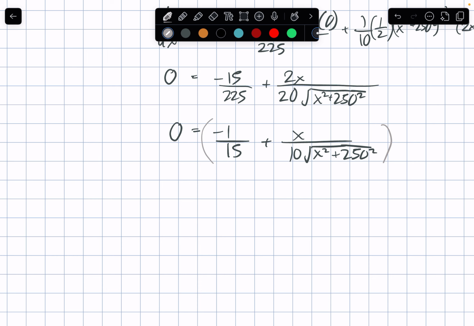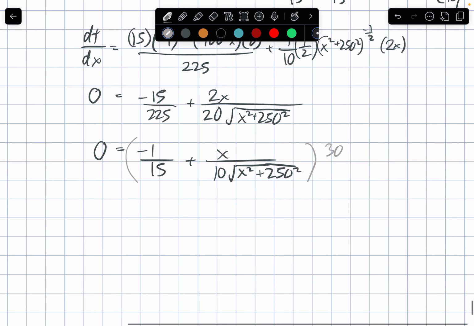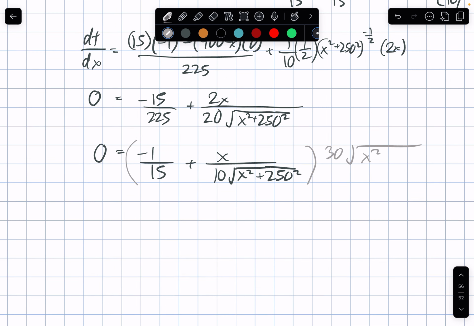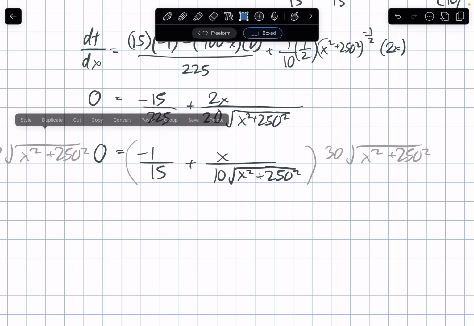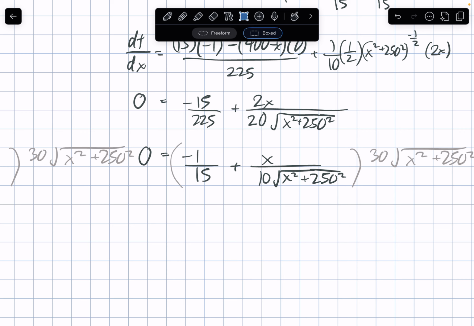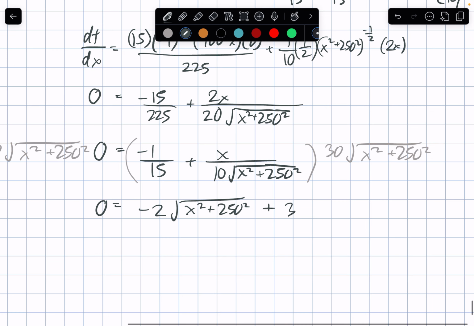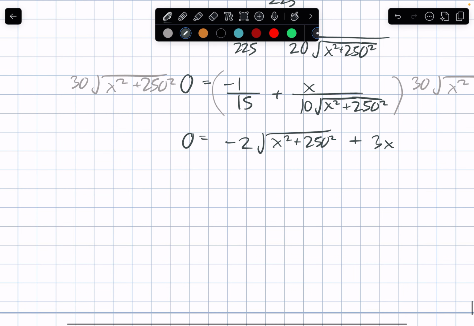Then multiply both sides by 30 square root of x squared plus 250 squared. So 0 is equal to negative 2 square root of x squared plus 250 squared plus 3x, and then transpose to the other side.